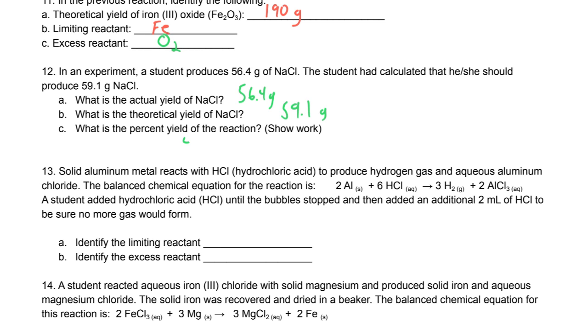Percent yield, we divide those two numbers with the theoretical on the bottom and multiply by 100%. 56.4 divided by 59.1 gives us 95.4% yield.